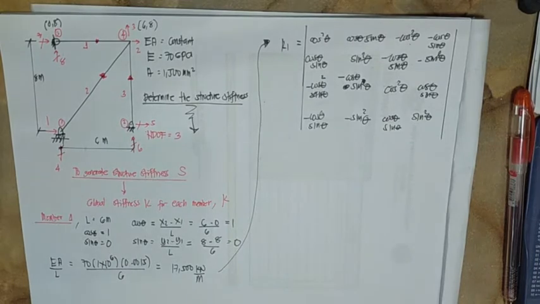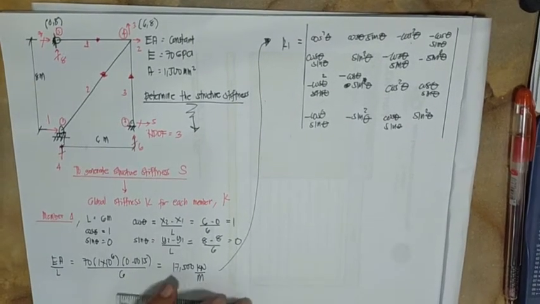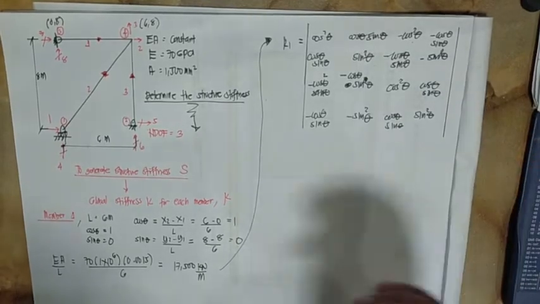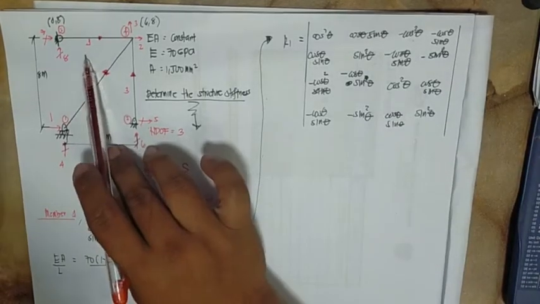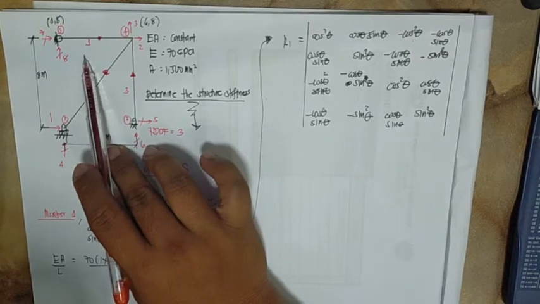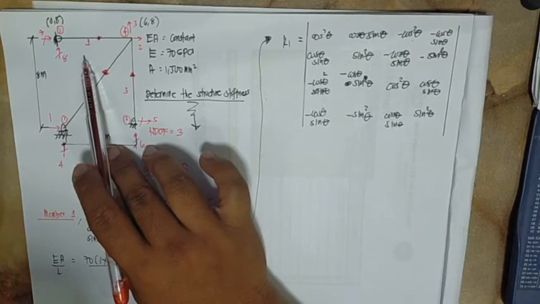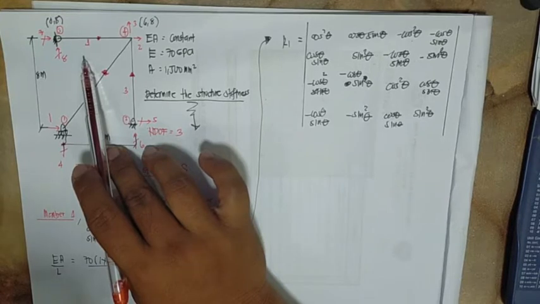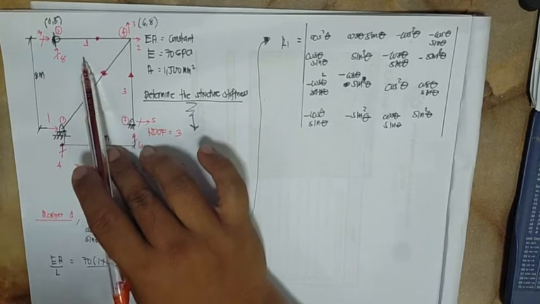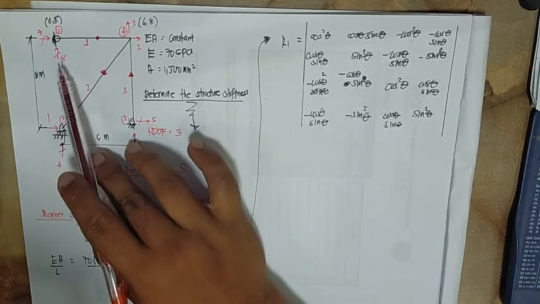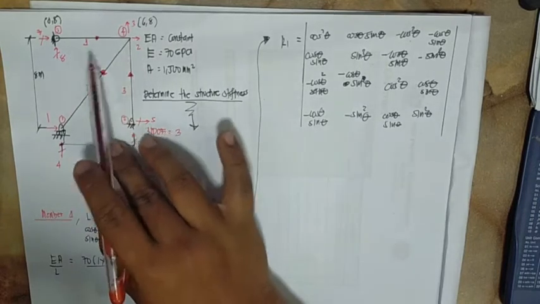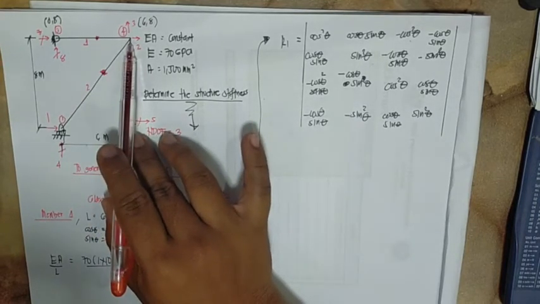So, now we can put, but before that one, since we are considering member 1, we should include the designation of the support reaction and the displacement.